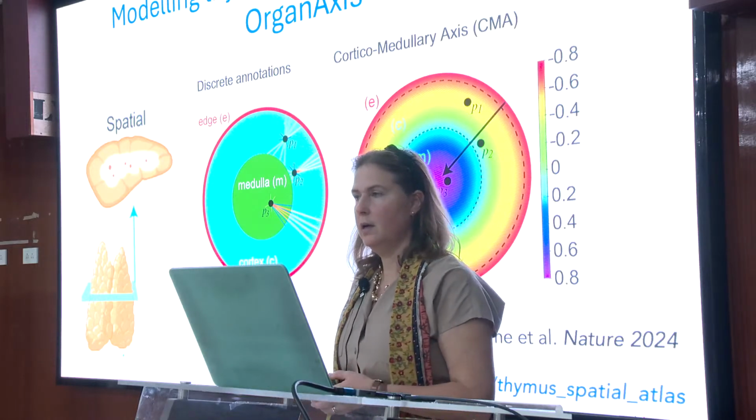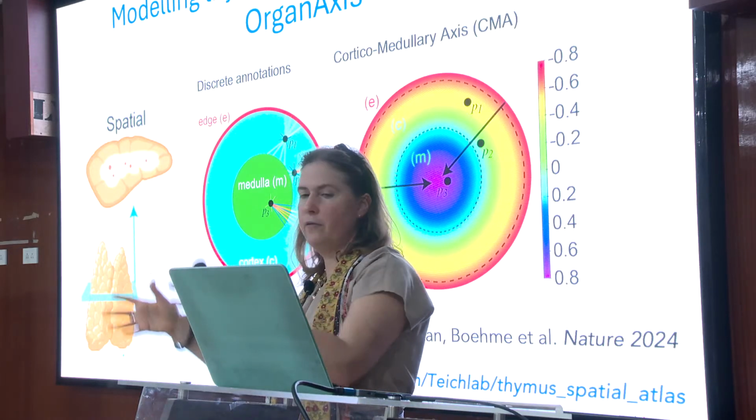And this sort of mathematical modeling framework has helped us to get a very detailed atlas of the entire organ. And this organ axis software is on GitHub and can also be applied to many other tissues. So we're using it in the lab to model also cardiac muscular wall. You can project this onto any organ that has landmarks and gradients, which is many, many tissues and organs in our body.